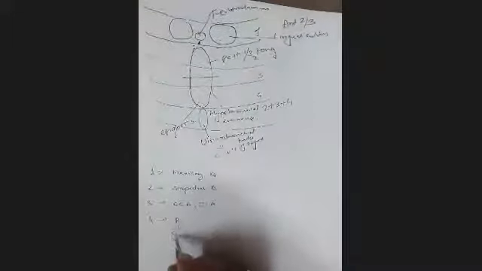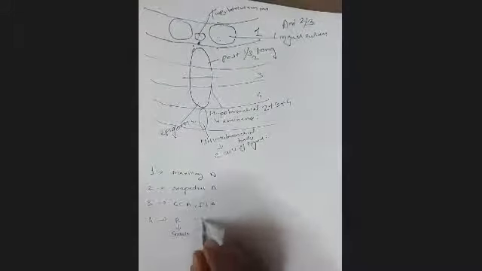The fourth arch artery on the right side contributes to the subclavian artery, and on the left side it contributes to the arch of aorta. And the fifth arch is rudimentary, and the sixth arch contributes to the formation of the pulmonary artery and the ductus arteriosus.